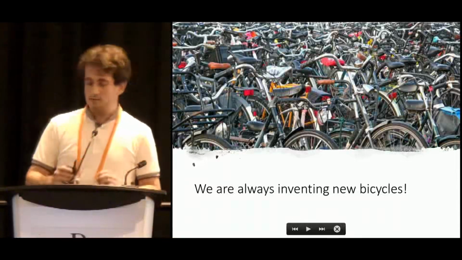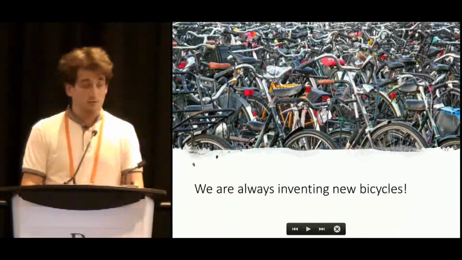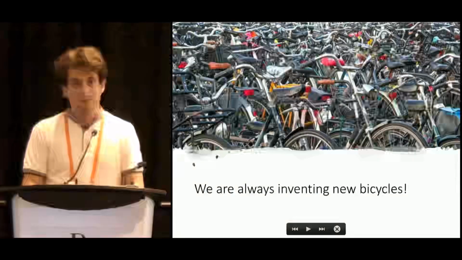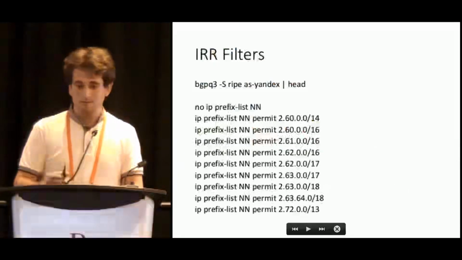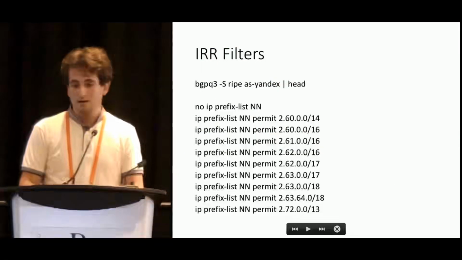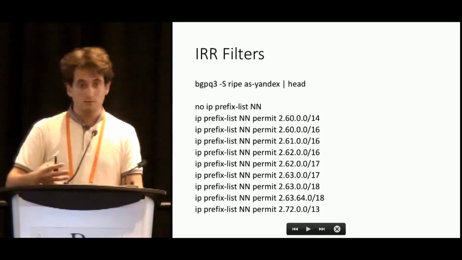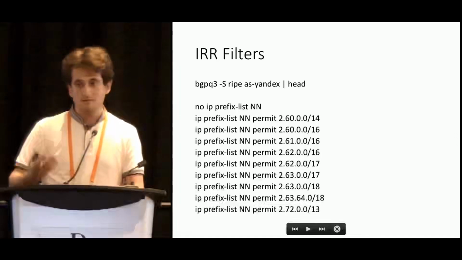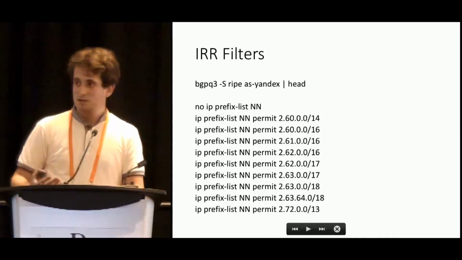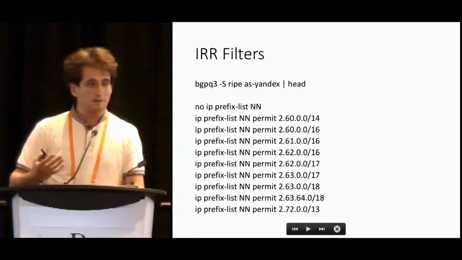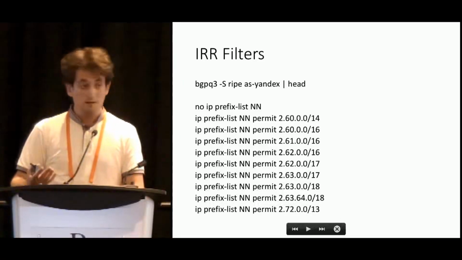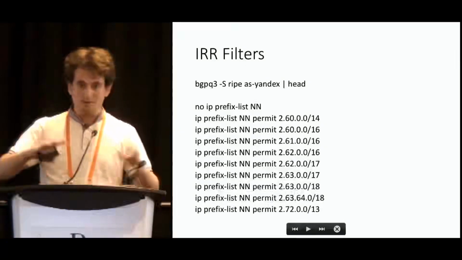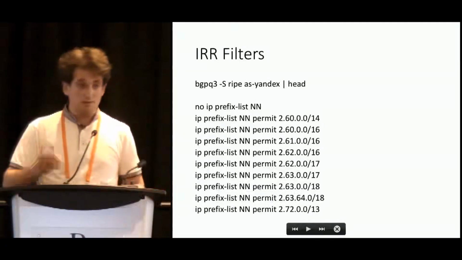Let's start with the first one, which you should be familiar with: of course, IRR filters. IRR filters are a way to translate AS-sets into a list of prefixes that you apply at your links with customers. So it's just a prefix list, some kind of prefix tree, and it's quite useful.